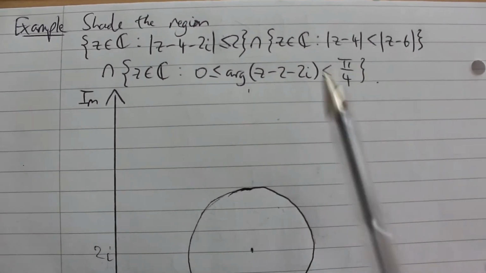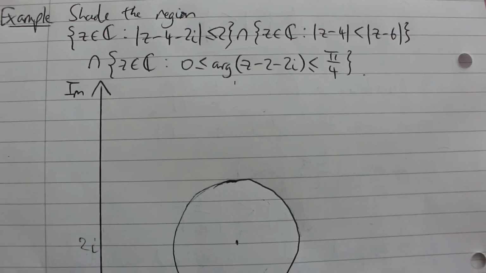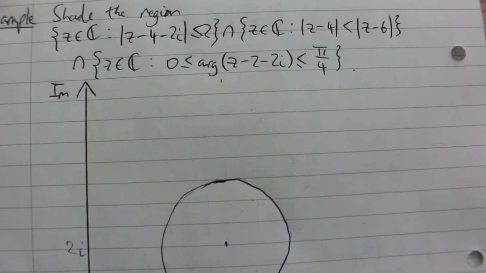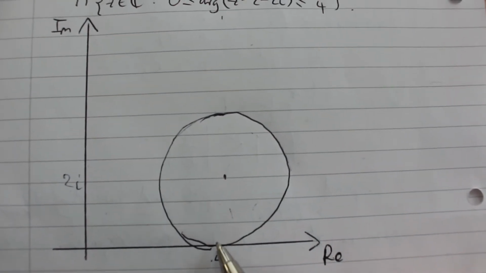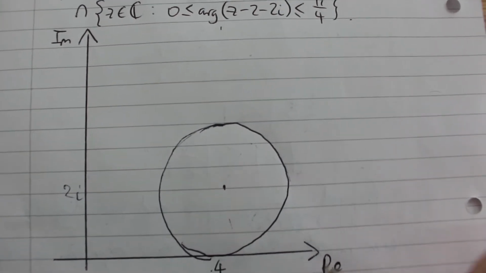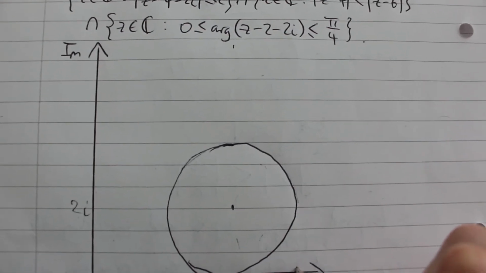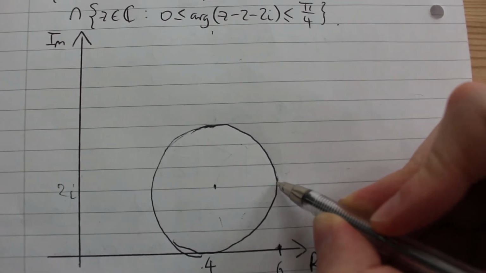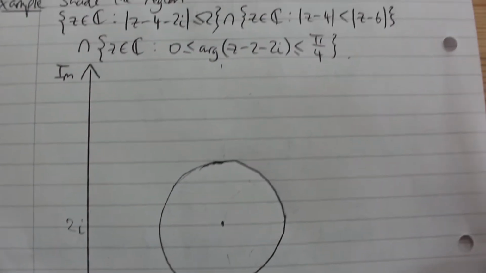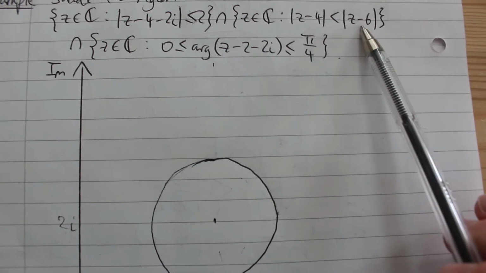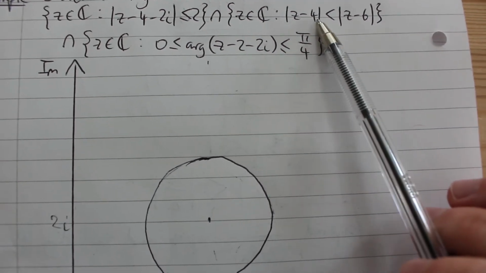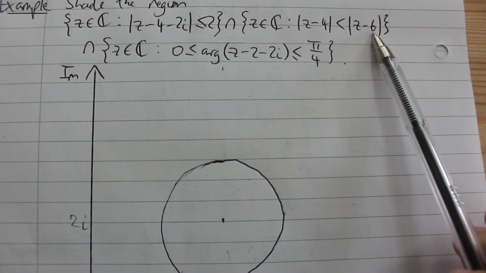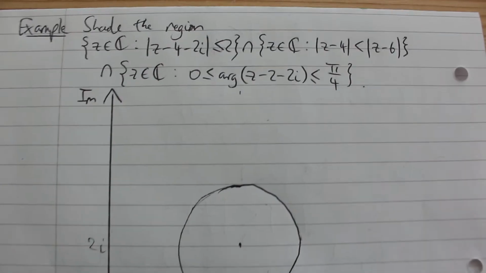The next region is the set of points z in C such that the modulus of z minus 4 is less than the modulus of z minus 6. So here's 4, and then 6 is over here, because this point here is 6 plus 2i, and we want the distance between z and 4 to be less than the distance between z and 6. So this is a perpendicular bisector.